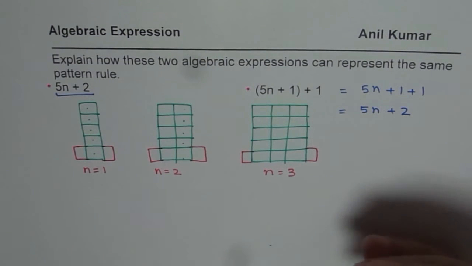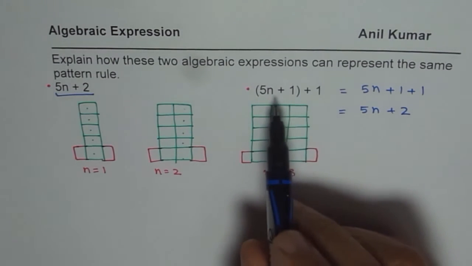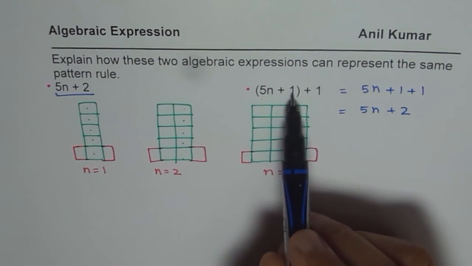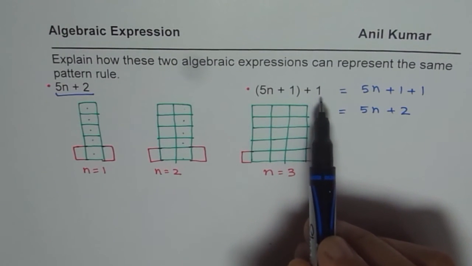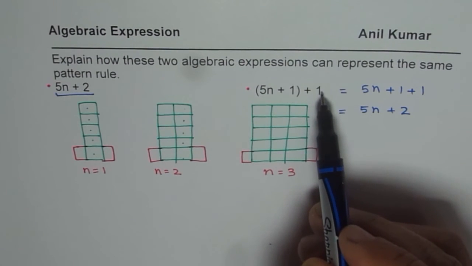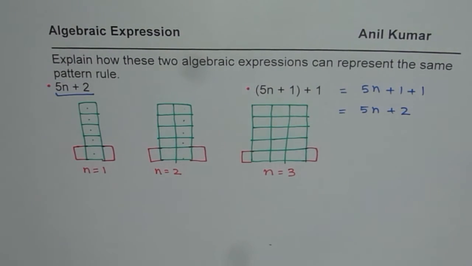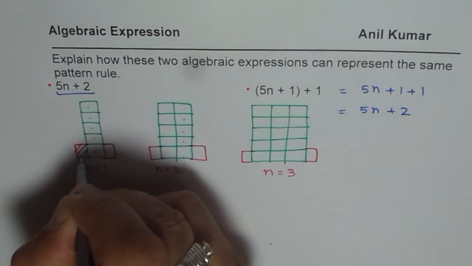Now the second part could be that when I say 5n + 1, so that means that the plus 1 outside really means that 1 is fixed, right? So what we could do here is just shade one of them kind of like this. Do you see that?